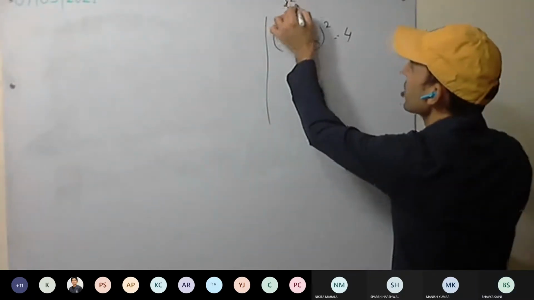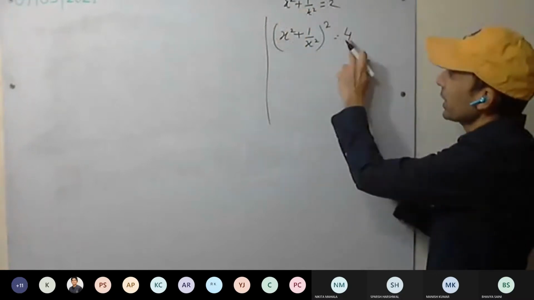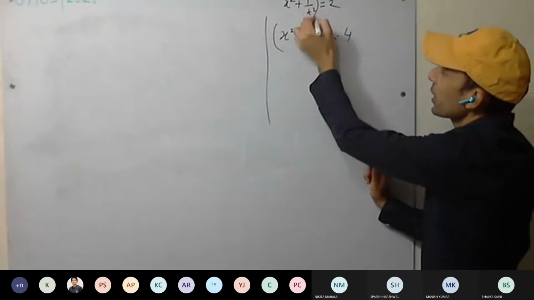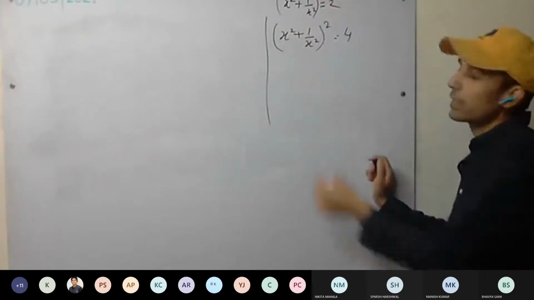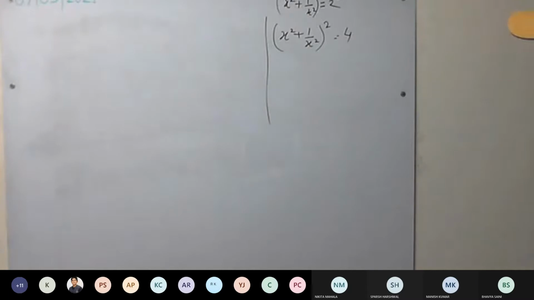It's x square plus 1 upon x square equal to 2. That is fine. But after squaring, we'll get 4. I've squared here. If I'm squaring this one, it means 2 square. That's why I've written 4. Okay. Yes, sir. This is clear.